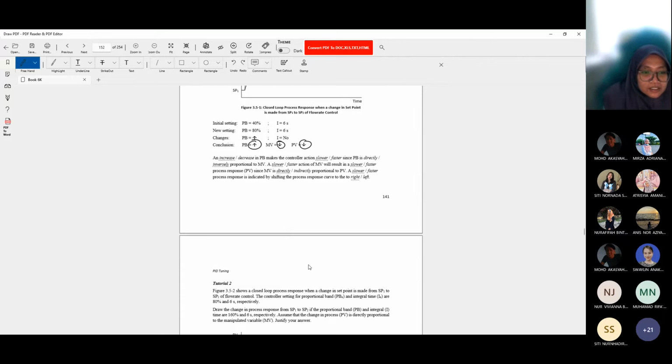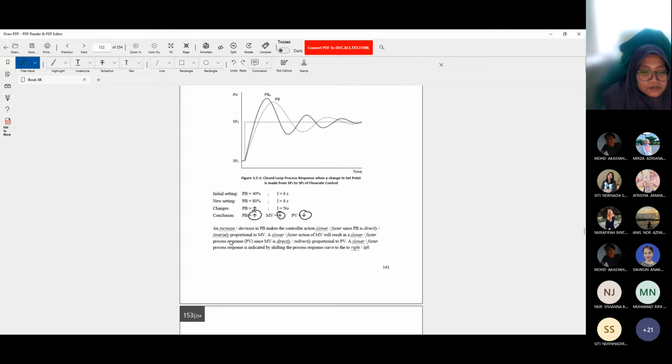Okay. So, kita boleh conclude dekat sini. Okay, an increase in PB make the controller action slower. Okay, so since PB is inversely proportional to MV.